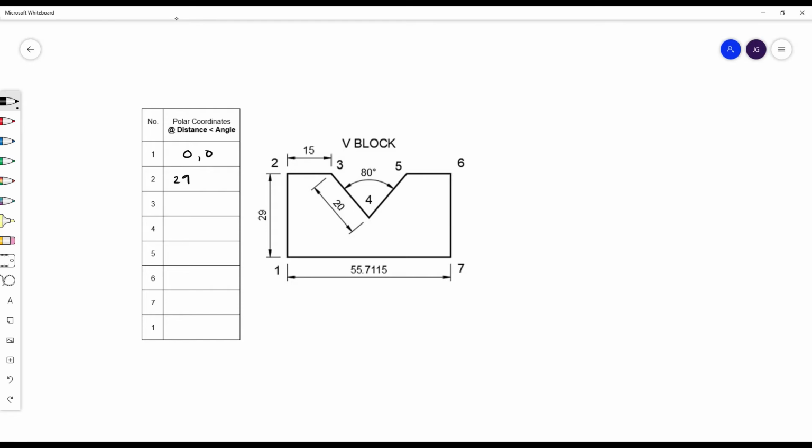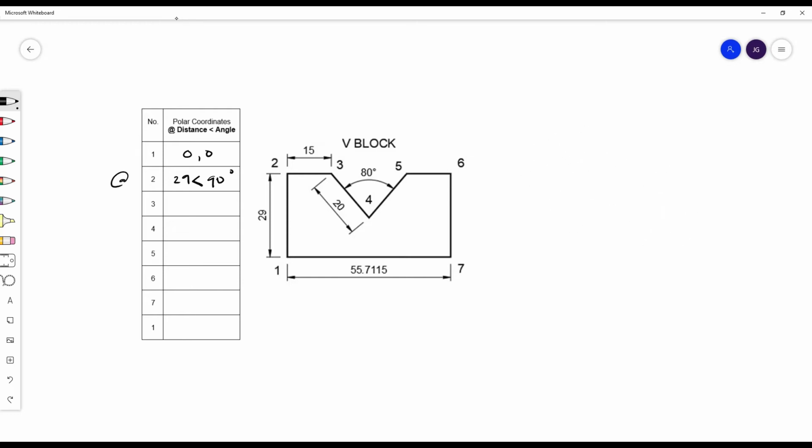You can use either the at sign or this one. For the angle, this is from our positive x-axis towards the second point, so it means this is 90 degrees. So the angle for the second point is 90 degrees.